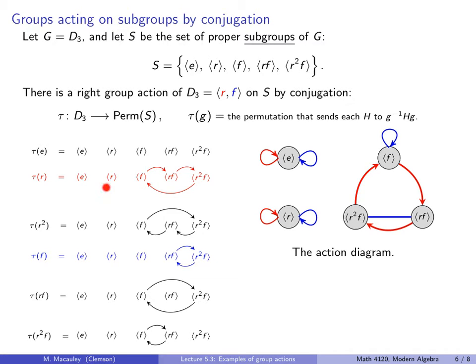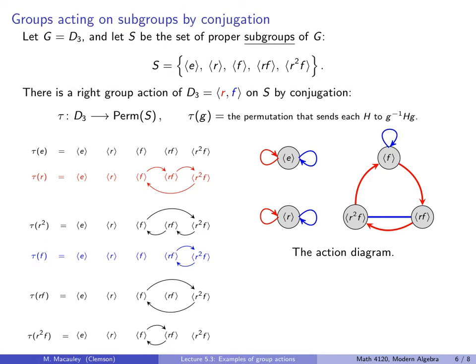Notice that this subgroup generated by r is fixed because it's normal. If you conjugate it by anything, you get back itself. But f is not normal. When I say f, the subgroup generated by f, if you conjugate this subgroup by r, you get this subgroup generated by rf. So this is not normal, and likewise, these things form a 3-cycle.